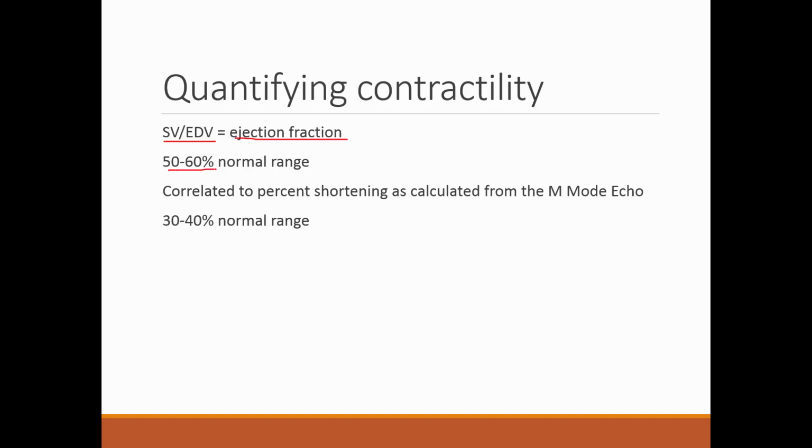So 50 to 60, I think I maybe had on another PowerPoint 55 to 70, we're in the ballpark here. That is highly correlated to fractional shortening. You calculate that from the M-mode echo, and that's a 30–40% range. These two things are not the same, but they're correlated.